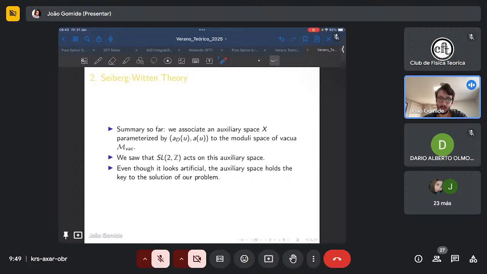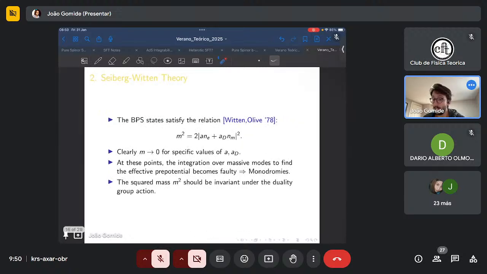We see that it has the nice property that this duality group acts on it in a nice way and gives you different descriptions of the theory. And so far it's pretty much artificial, I think. That was at least the first impression that I had when I was first studying this subject. But it's actually this auxiliary space that holds the key to the solution of the problem.